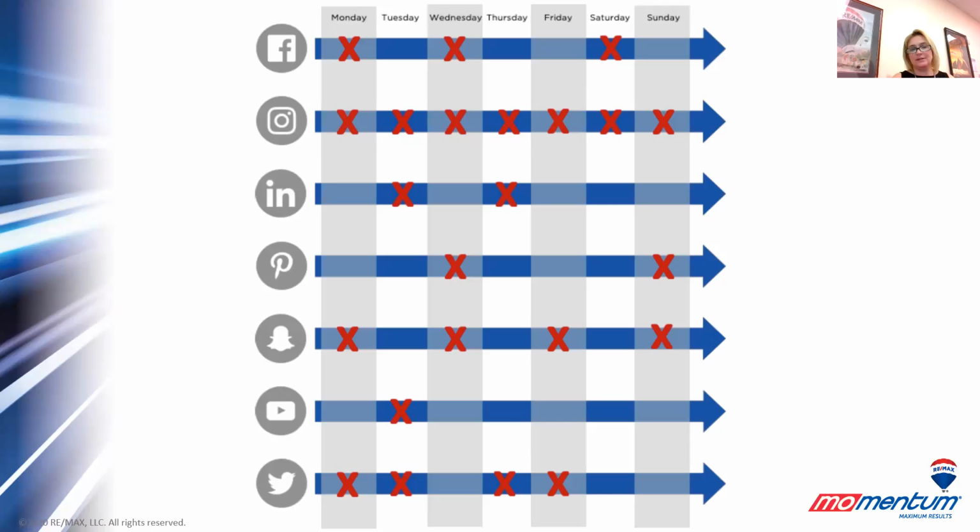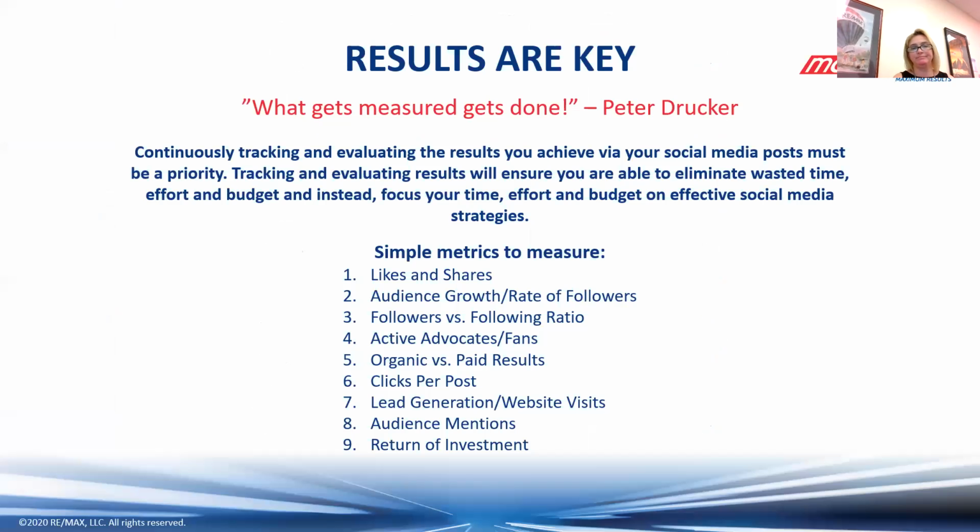So again, this is a laid out calendar visual for you of when you should be posting. Again, some metrics to measure your performance: likes and shares, whether or not your follower number is increasing, whether you're getting some fans, whether your responses are organic, meaning from your sphere of influence or your target audience, or whether they're being driven from what you've paid to put out there.